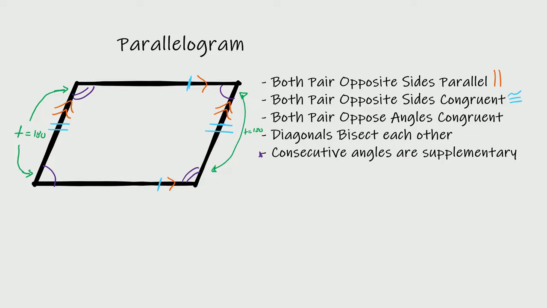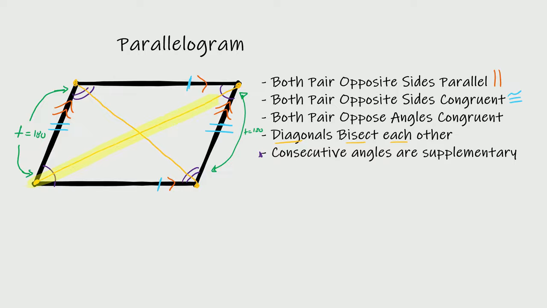The second thing that we skipped says the diagonals bisect each other. So what's a diagonal? A diagonal goes from one vertex to the opposite vertex. So that's one diagonal, and here is my second diagonal. What this is saying is that these two diagonals bisect each other. They're not necessarily equal to each other, it's just that they bisect. So let's highlight it.